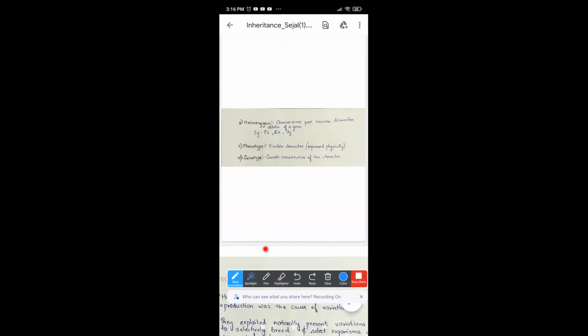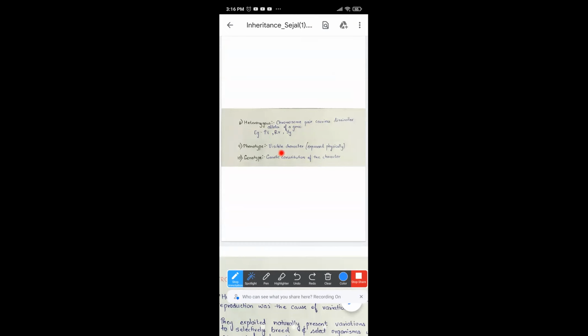What is heterozygous? A chromosome pair carries dissimilar alleles of a gene. That is, one is dominant and another is recessive. There is always a dominant and a recessive pair in heterozygous.